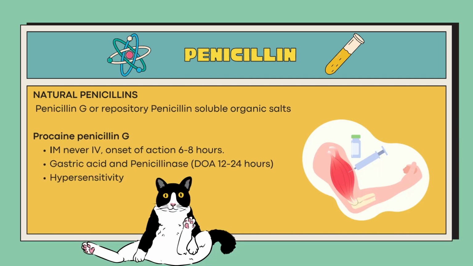Sparingly soluble organic salts of penicillin G, or repository penicillins, are procaine penicillin G, administered intramuscular, never intravenous, onset of action within 6 to 8 hours, destroyed by gastric acid and by penicillinase, and duration of action 12 to 24 hours. Incidence of hypersensitivity reaction is most common.